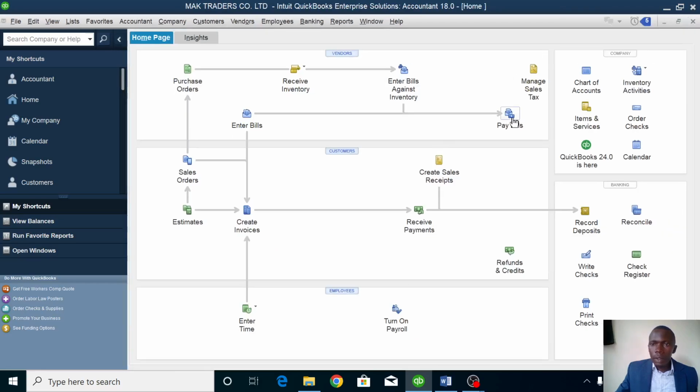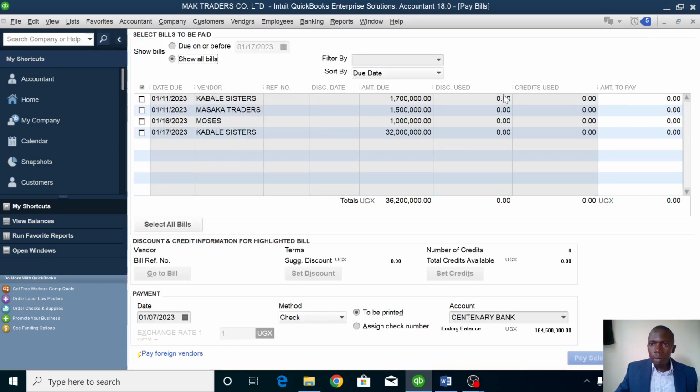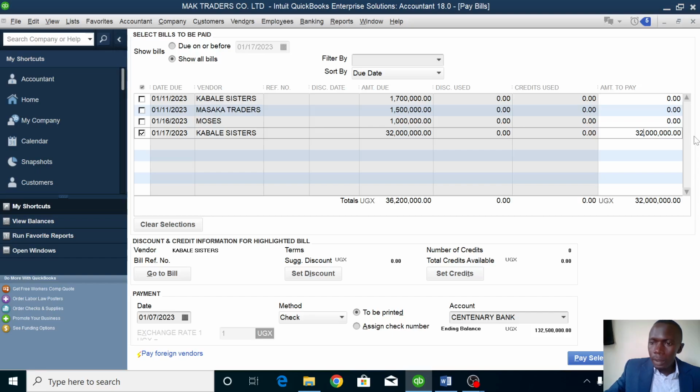So we got our bills. Remember they said we paid half. It was Cavalry Traders. It was this order. Then half of 32 million. Half of 32 million is 16. So the payment method was by check. So we check this, it is Centenary.